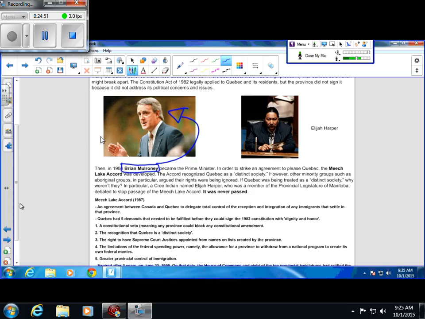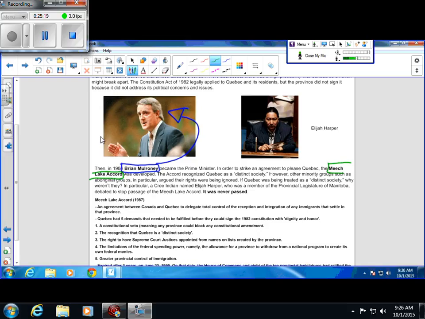In order to please Quebec, he wanted to make an agreement with Quebec. So he developed something called the Meech Lake Accord. I'm going to put that in green. The Meech Lake Accord, again bolded, stands out.